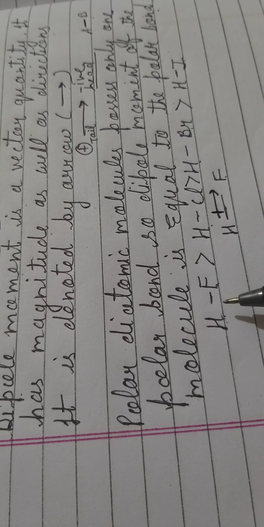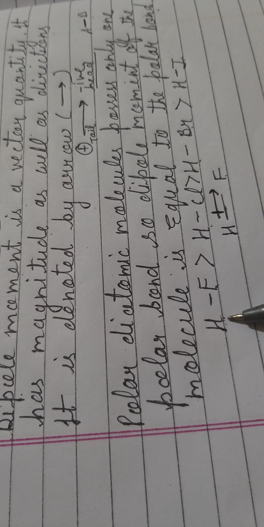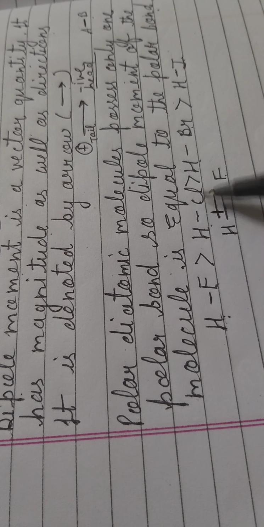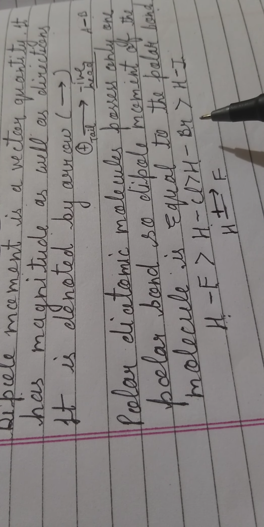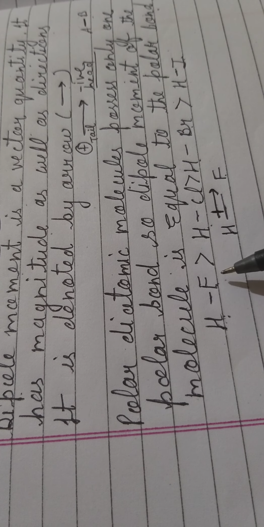Now suppose you have different diatomic molecules with different halogens. How can you find out which is more polar in nature and which will show more dipole moment? The one with the more electronegative element will be more polar in nature.